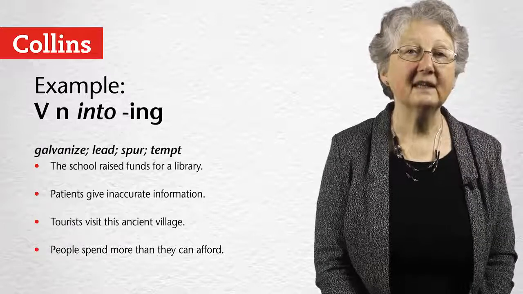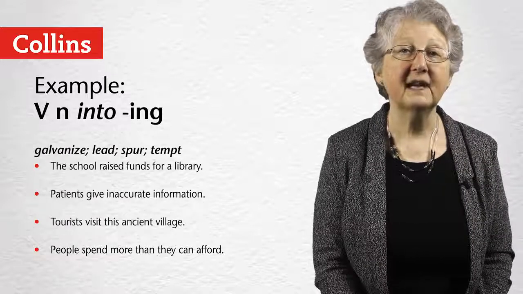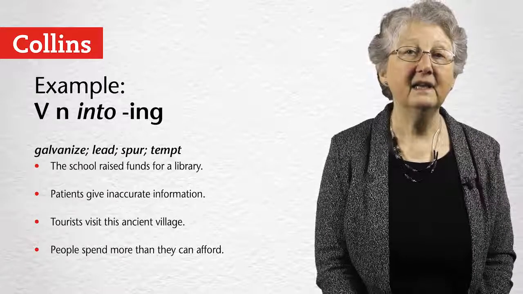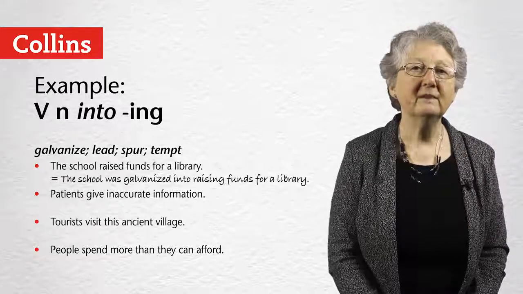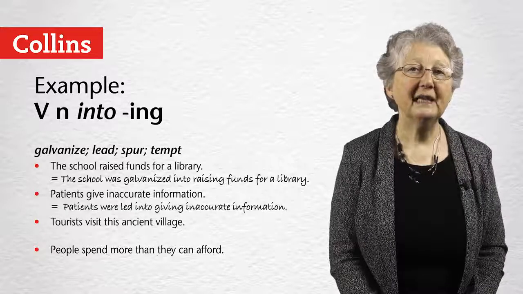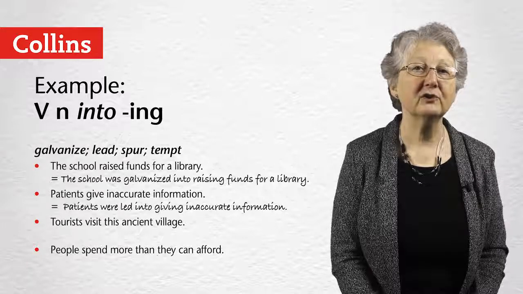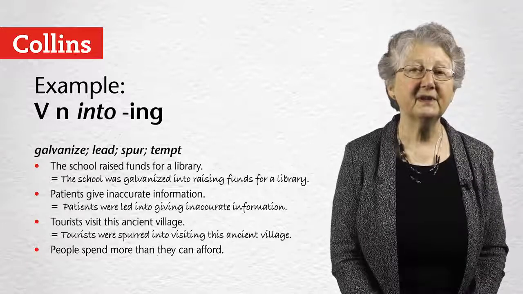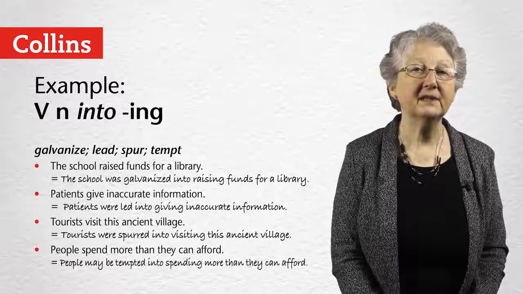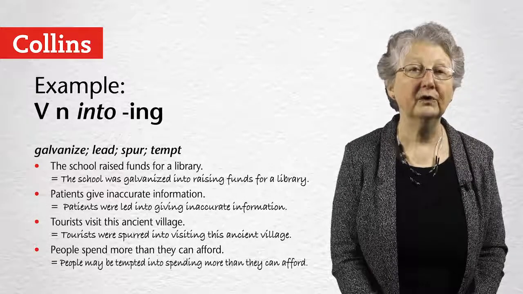If we suggest to the learners verbs they might use, galvanise, lead, spur, tempt, the learner can write, the school was galvanised into raising funds for a library. Patients were led into giving inaccurate information. Tourists were spurred into visiting this ancient village. Or people may be tempted into spending more than they can afford.